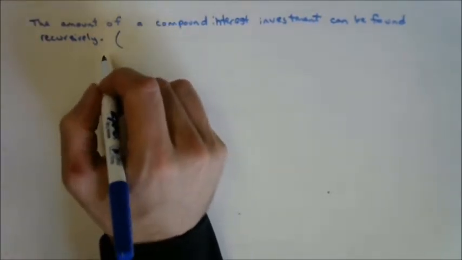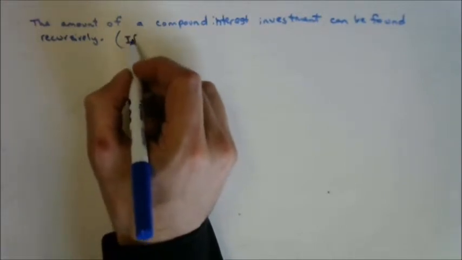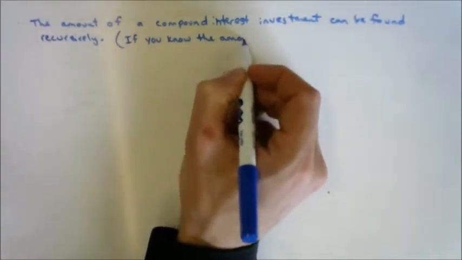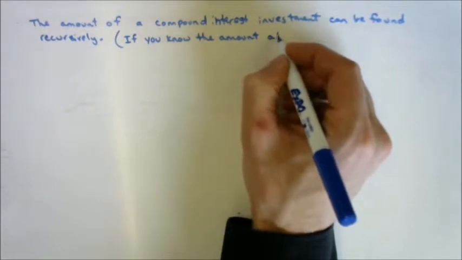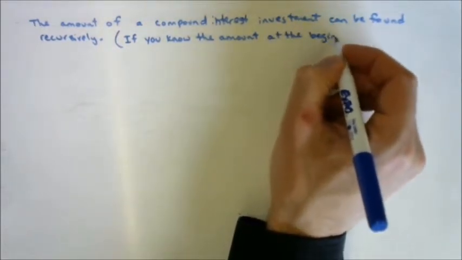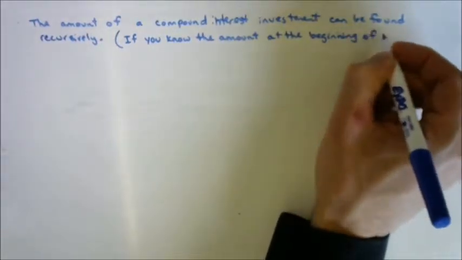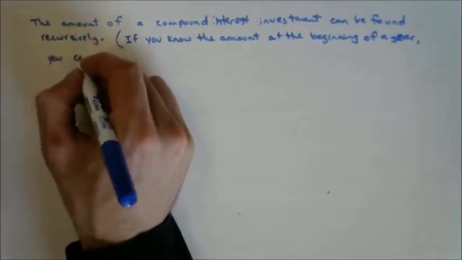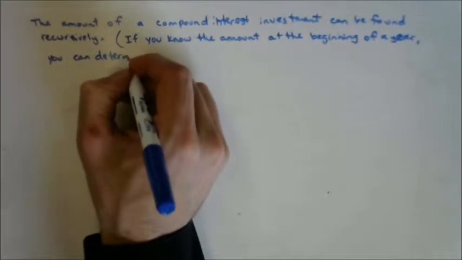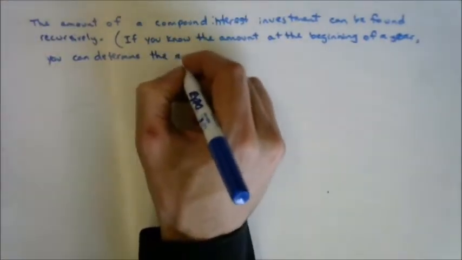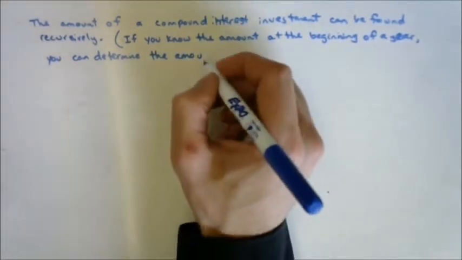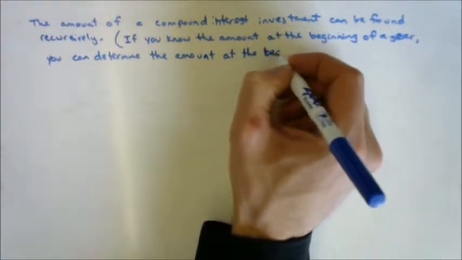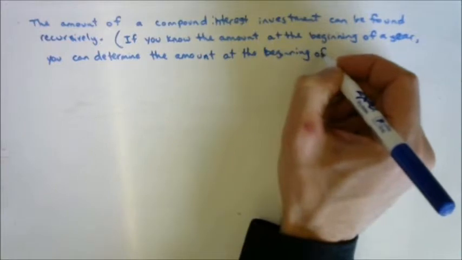I'm going to put this in brackets because it's kind of an explanation of what that means. If you know the amount at the beginning of a year, doesn't matter what year, you can determine the amount at the beginning of the next year.